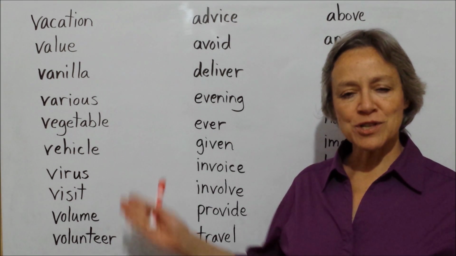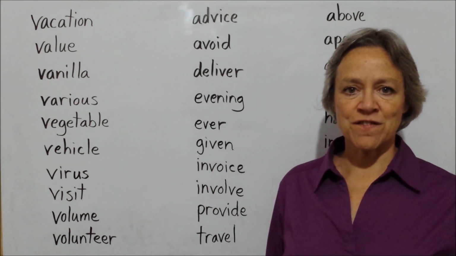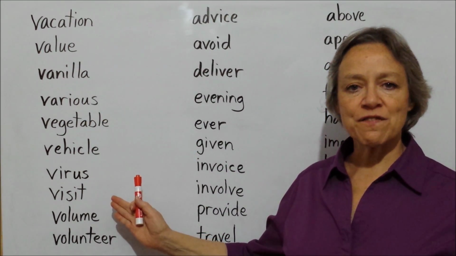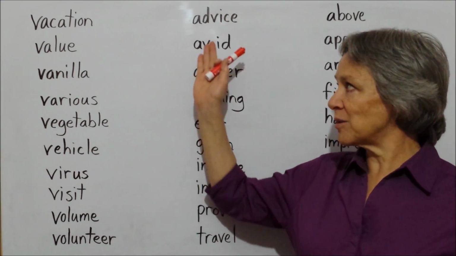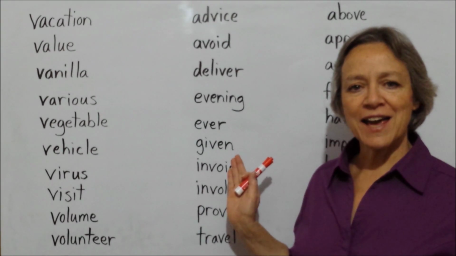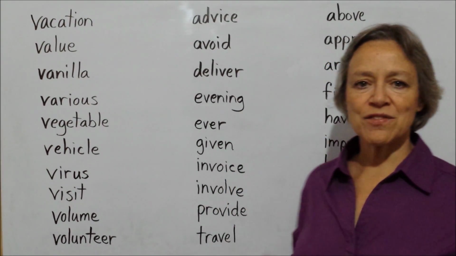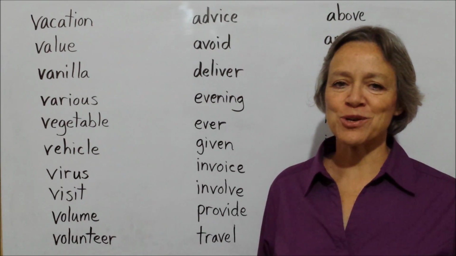I have several words up on the board here for you which contain the sound V. The words in the first column have V at the beginning of the word. The words in the second column have V in the middle of the word. And the words in the third column have V at the end of the word. Please practice saying these words with me.